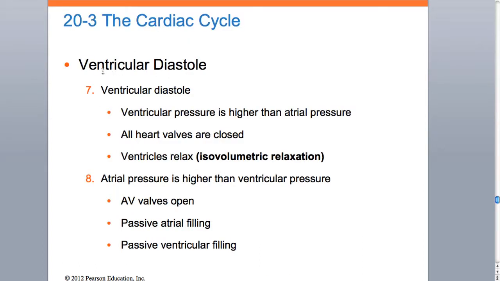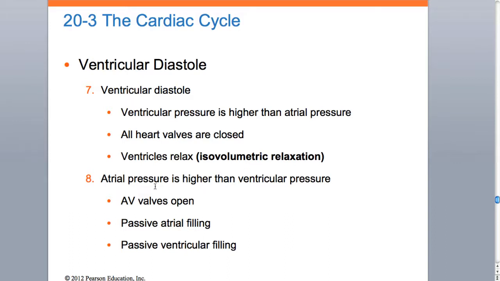We've already talked about all the other steps, and now we're going to finish up the last 2. Ventricular diastole. In ventricular diastole, when the bottom half of the heart is resting, notice all heart valves are closed and the ventricles are relaxed. So when someone asks when my heart gets to relax in its lifetime, it does it in between the beats during the diastole period.